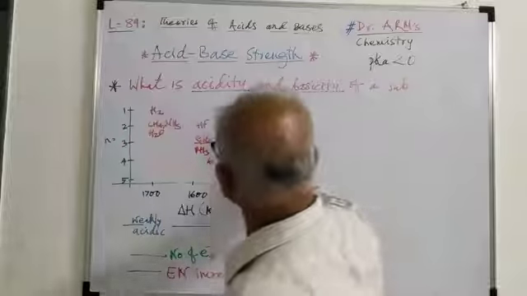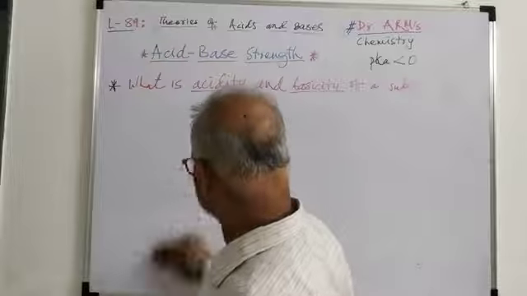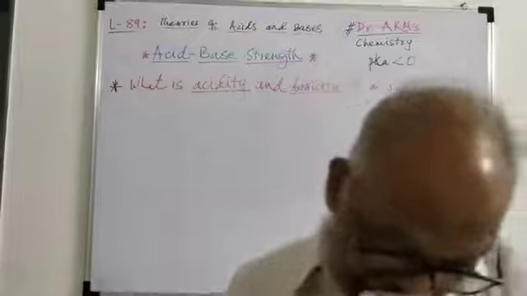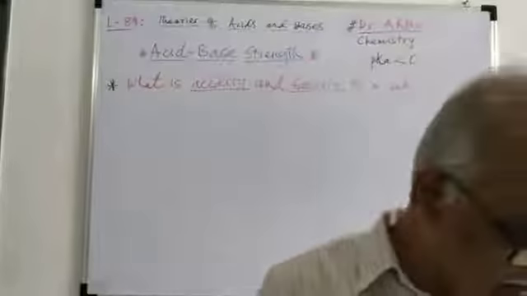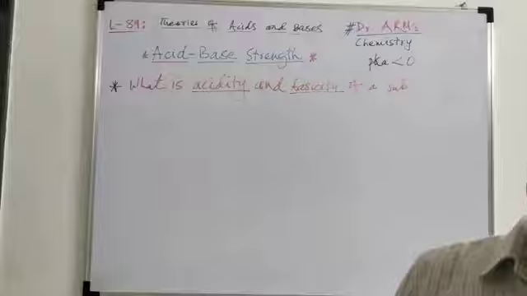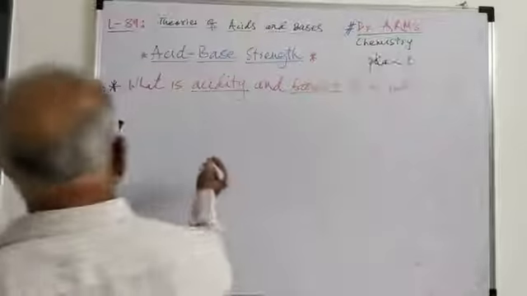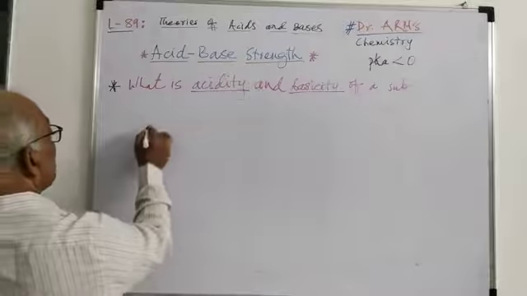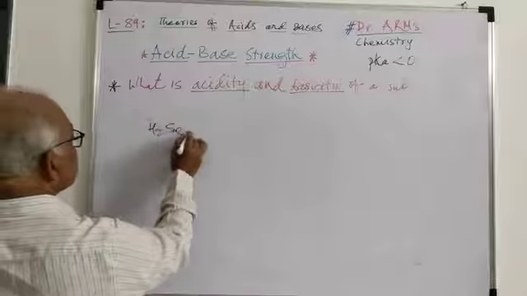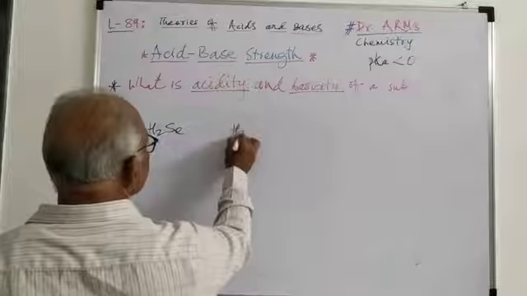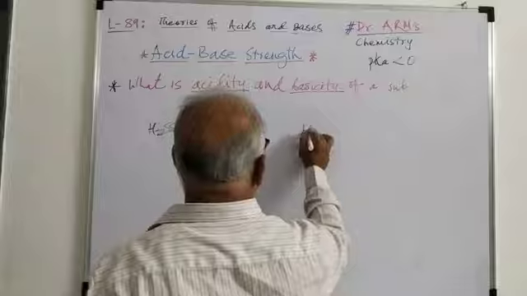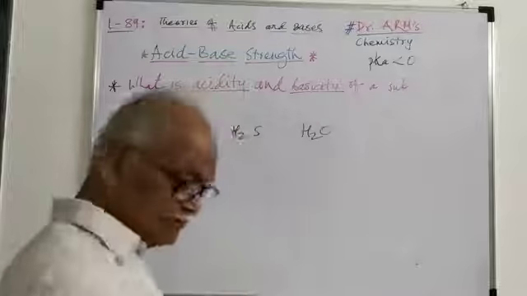Now we will see some additional examples. If we take the species H2Se, then H2S, then H2O, this is an example of species along the group.